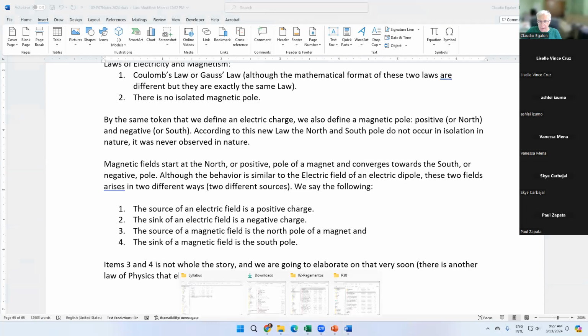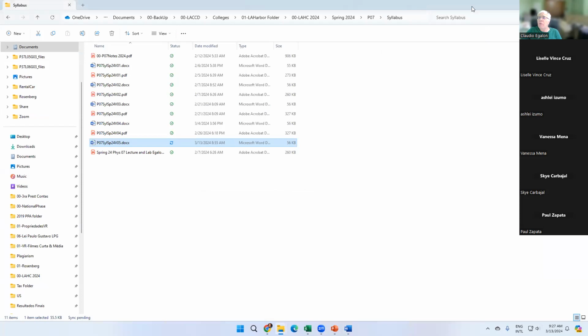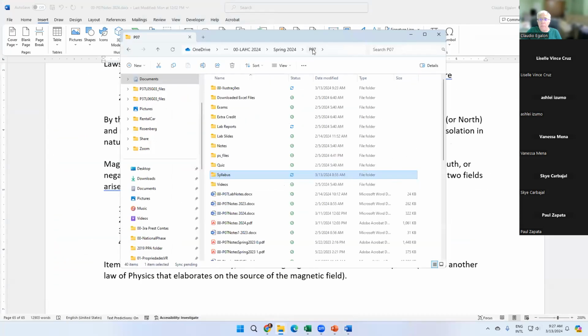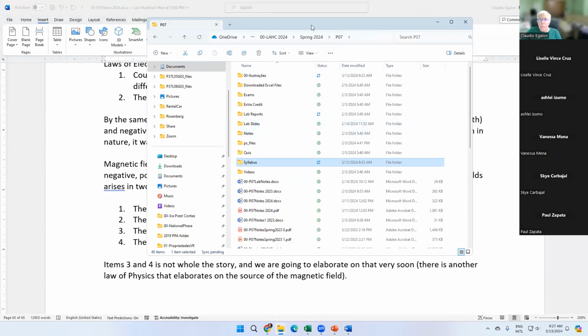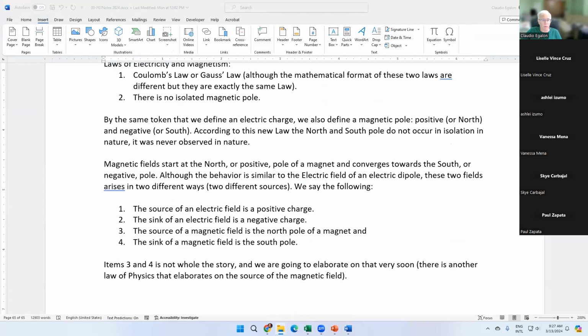So those are the basic ideas of a magnetic field that you have to understand and memorize for now, to progress in your studies, okay?